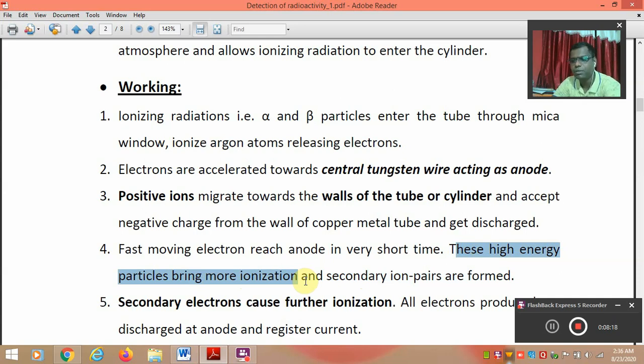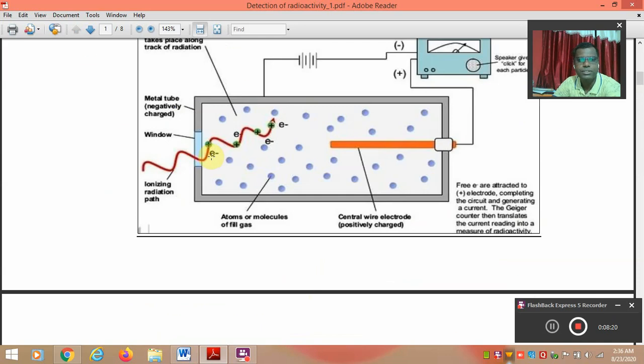So this is very simple: the electrons released here in the first ionization move towards this tungsten wire, which is the anode, in a very short period of time, but during this transfer, these electrons are again responsible for more ionization, and that leads to the formation of secondary ion pairs.